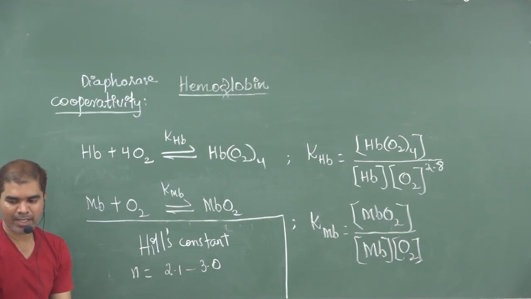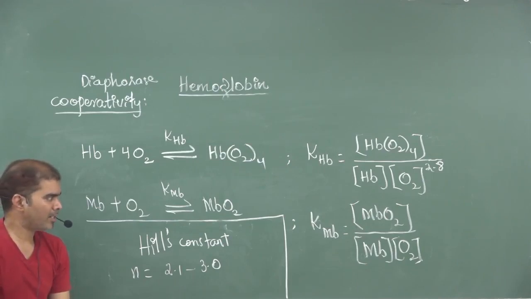The average occupancy is 2.8. Hence, Hb can only act as a transport protein.